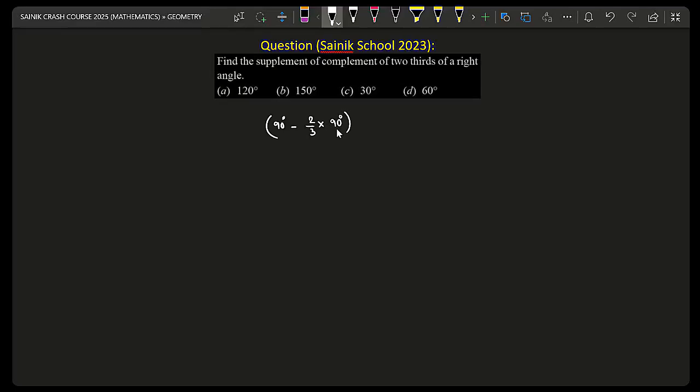So how to write now? 180 minus this angle, right? Okay, so this is the expression that you want to simplify. Can you simplify this, Sriyash? 3 ones are 30s. 90 minus 60 is 30. So in place of the bracket, I'm writing 30. And what is the final answer?